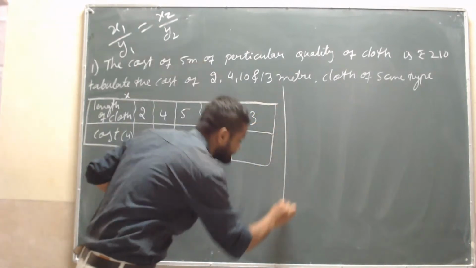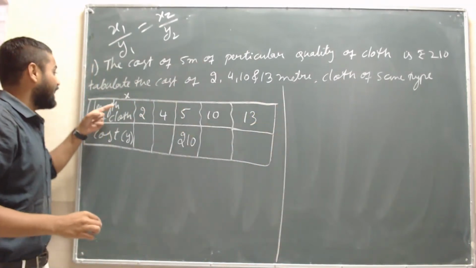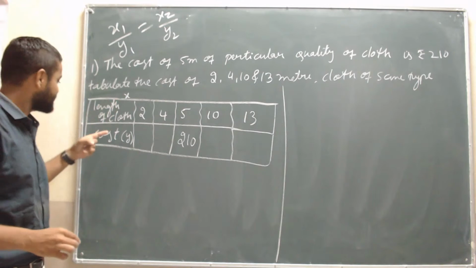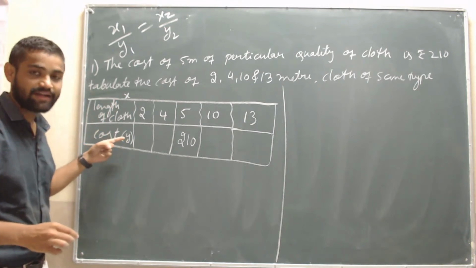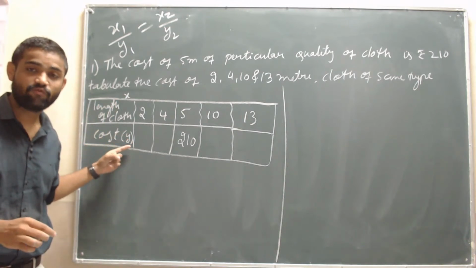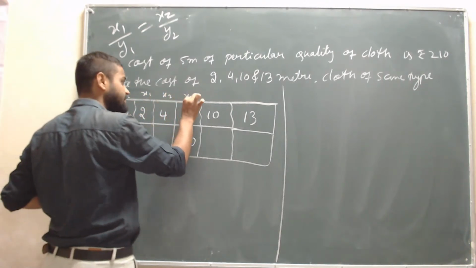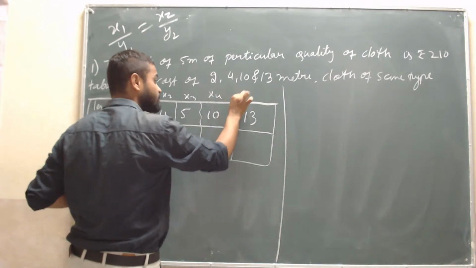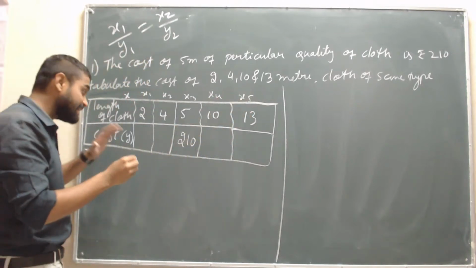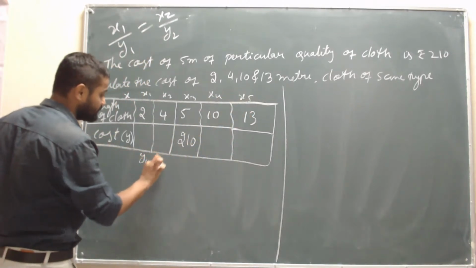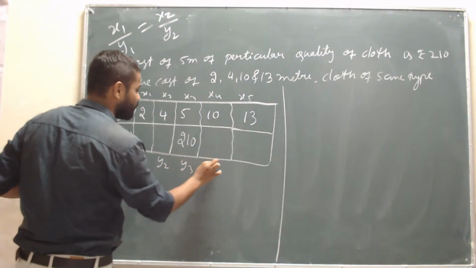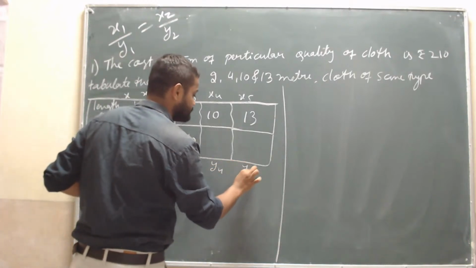Yes, concentrate here. The length of the cloth is X and the cost of the cloth is Y. Let us assume these are X1, X2, X3, X4 and X5, and these are Y1, Y2, Y3, Y4, Y5.